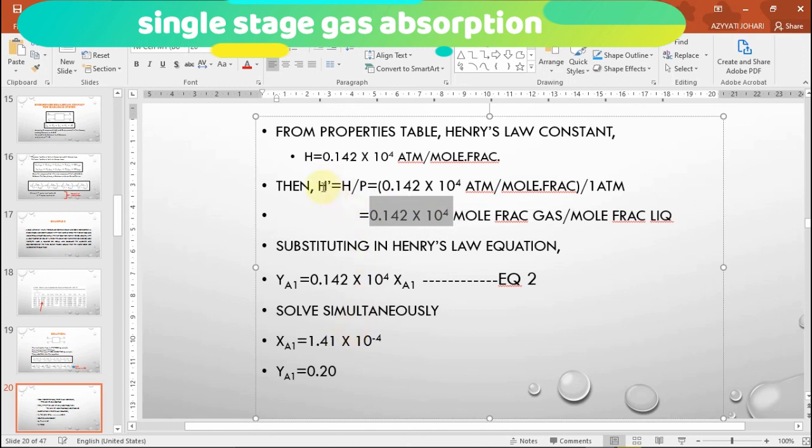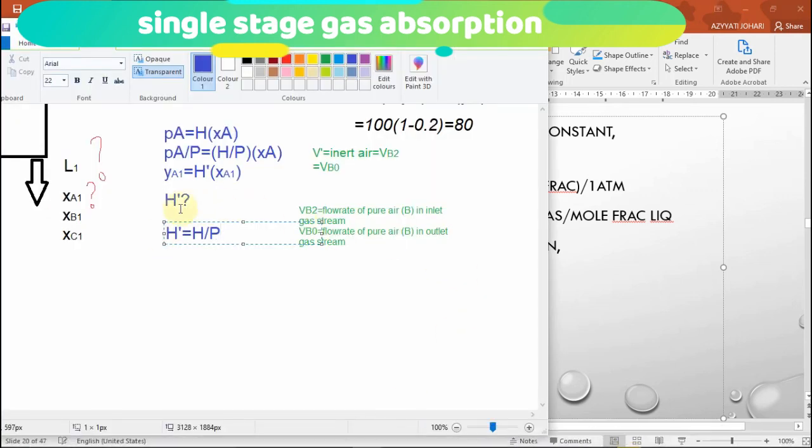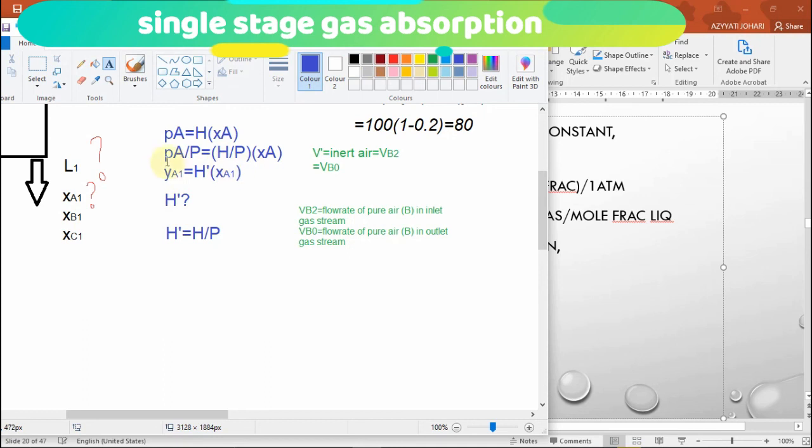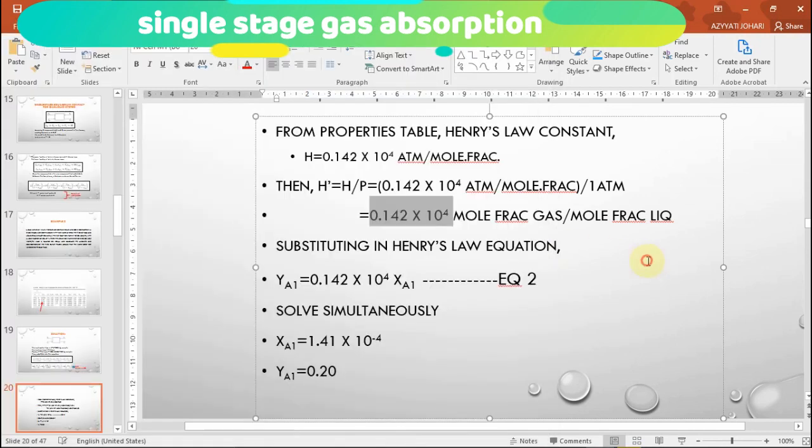So once we know the value of H prime, we substitute it into the equation that we put in here. This equation, y equals H prime times xA1. So we just substitute the value of H prime, and this will be your equation number 2.